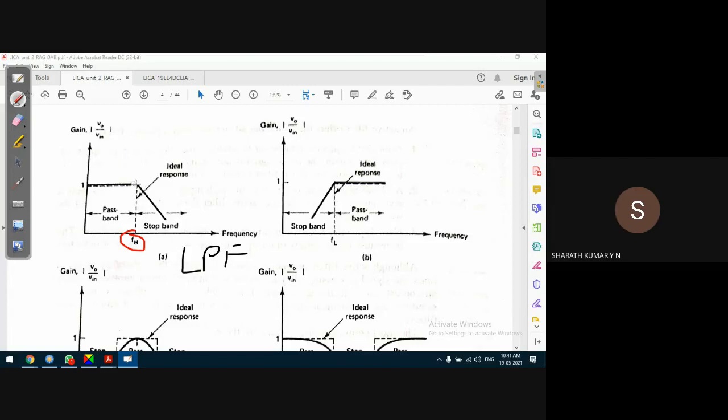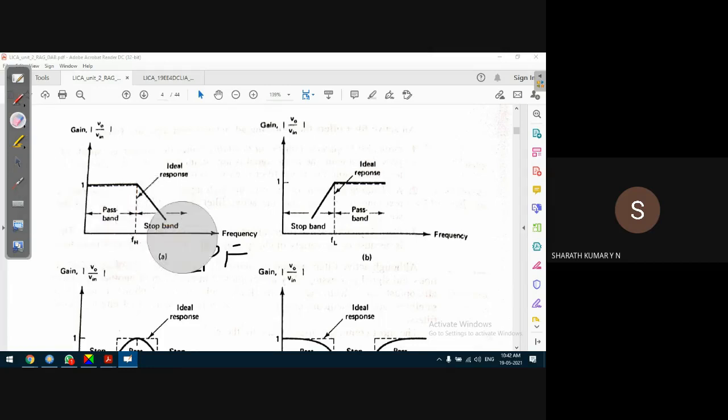Signals of high frequency range above FH will be blocked. That is why the low frequency range is called the pass band range, and the higher frequency range is called the stop band range.